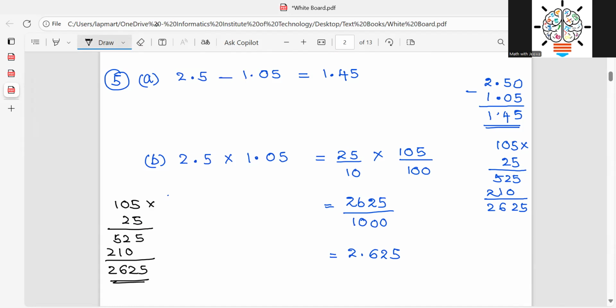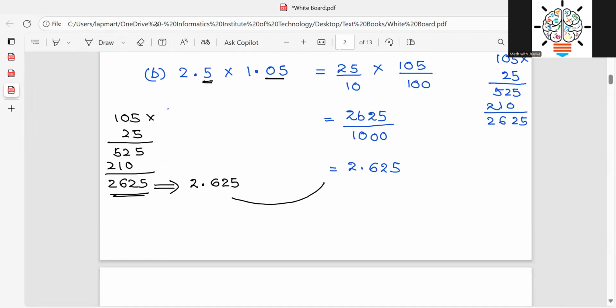But here it is not the 2.5 or 1.05. So we want to consider the decimal places after getting this answer. Here you can see one decimal place. Here you can see two decimal places. Therefore, this answer should be with three decimal places. Therefore, it should be like this. You can see that you get the same answer here. Right? Whatever the method, you get the same answer.